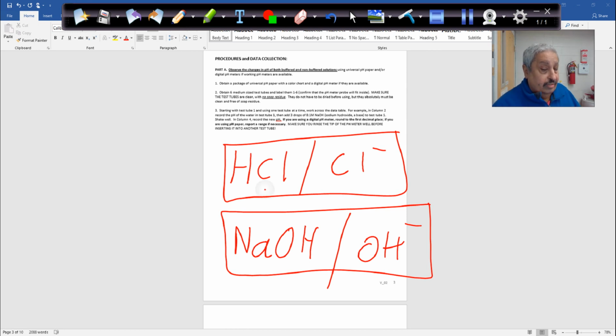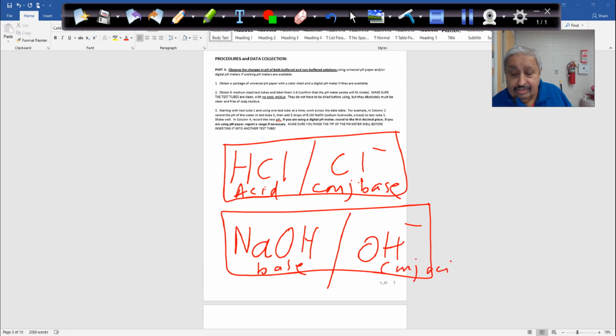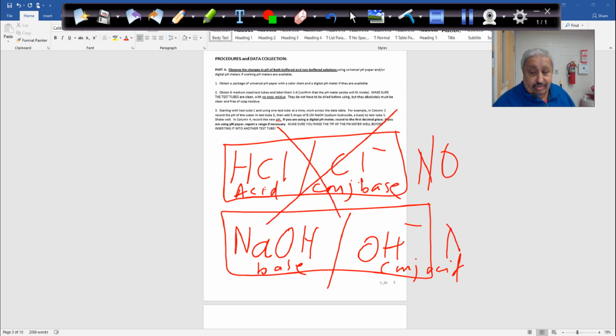This is an acid. This is a conjugate base. This is a base. This is a conjugate acid. So, the opposite. What do you think is happening? Are those our buffer? Yes or no? Everybody? Yes or no? This is not a buffer. Why? HCl is a strong acid.